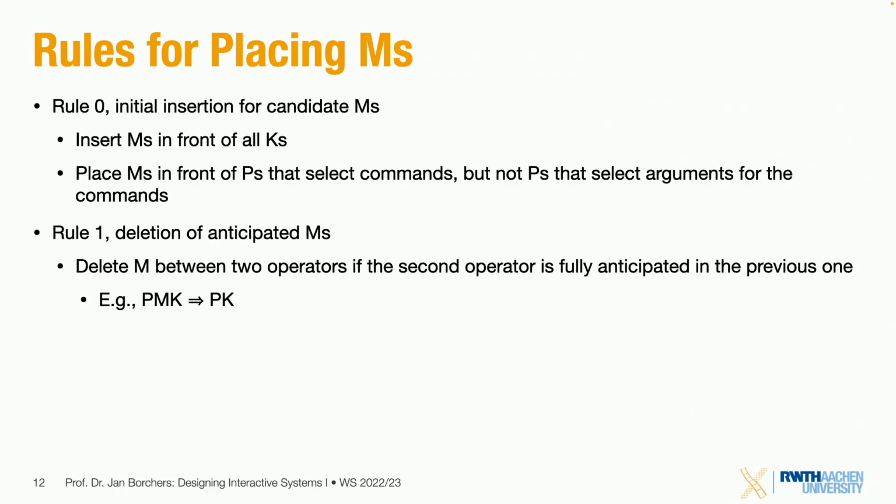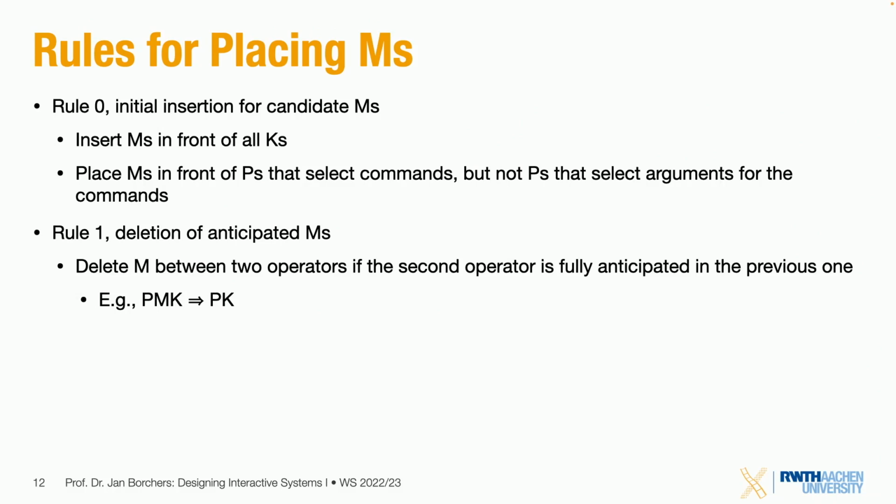So now we still have lots of M's in our stuff, right? Now we remove all the mental operations that are essentially anticipated, meaning you remove them between 2 other operators if the second operator is fully anticipated in the previous one. For example, I'm on a system that has a menu bar, so I'm pointing to the menu bar and then clicking on the file menu. The point and click are essentially, for me, one continuous thing, right? I know I want to point and click to this.